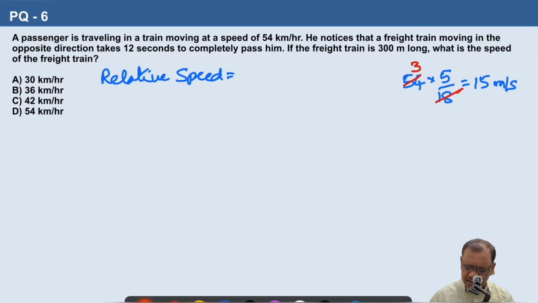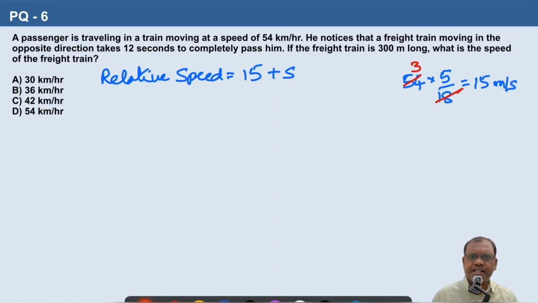So the speed of the train in which the passenger is sitting is 15 meters per second, and the speed of the freight train is S. And he notices that the freight train moving in the opposite direction takes 12 seconds to completely pass him.